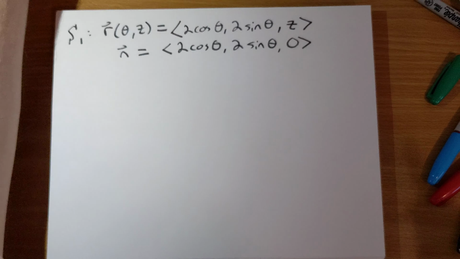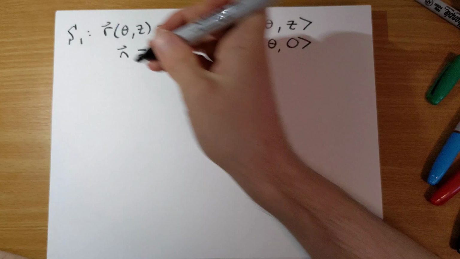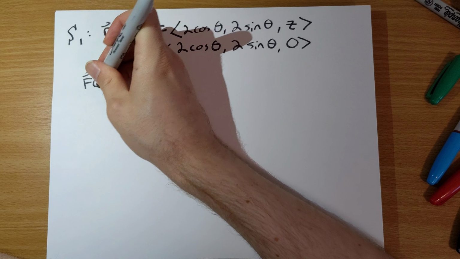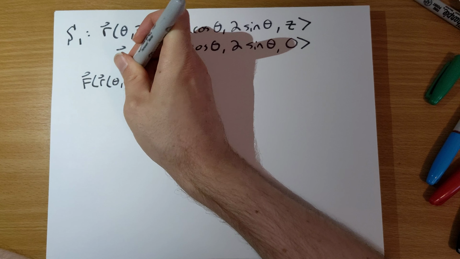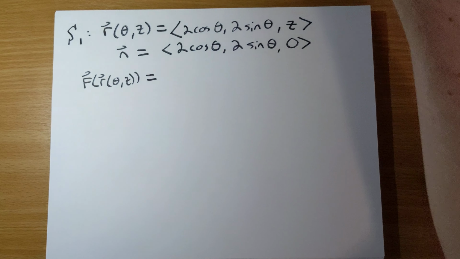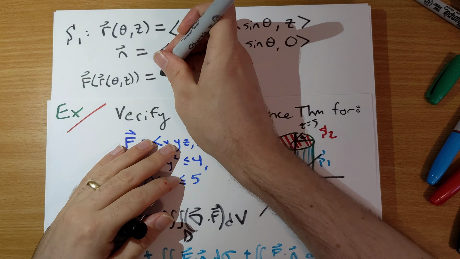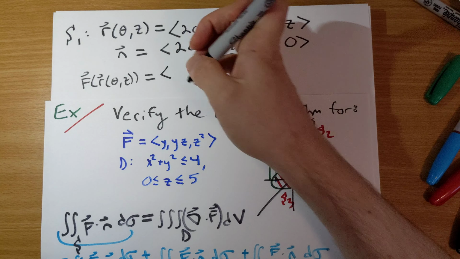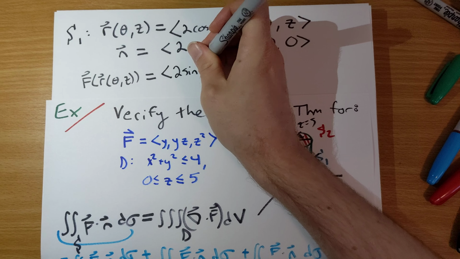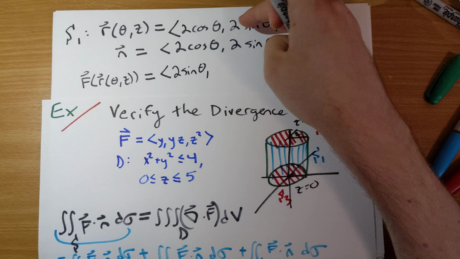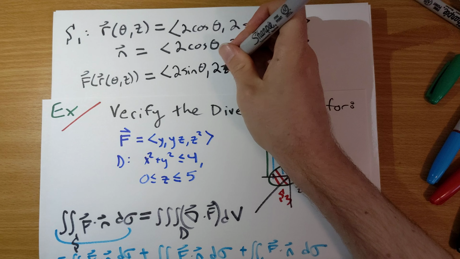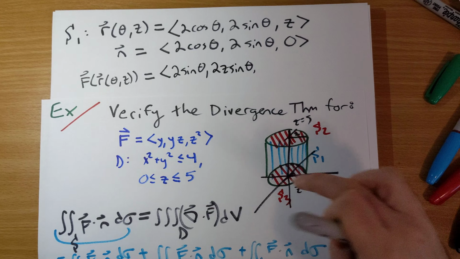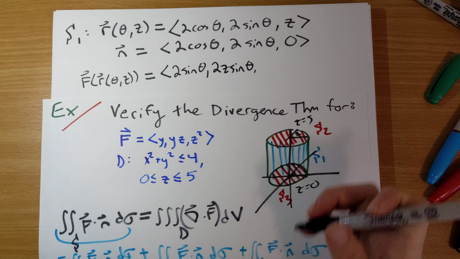Okay, so then what do we need here? We need F of r of theta and z. So replace y with 2 sine theta, y times z with 2 sine theta times z, 2z sine theta, and then z squared is just z squared.